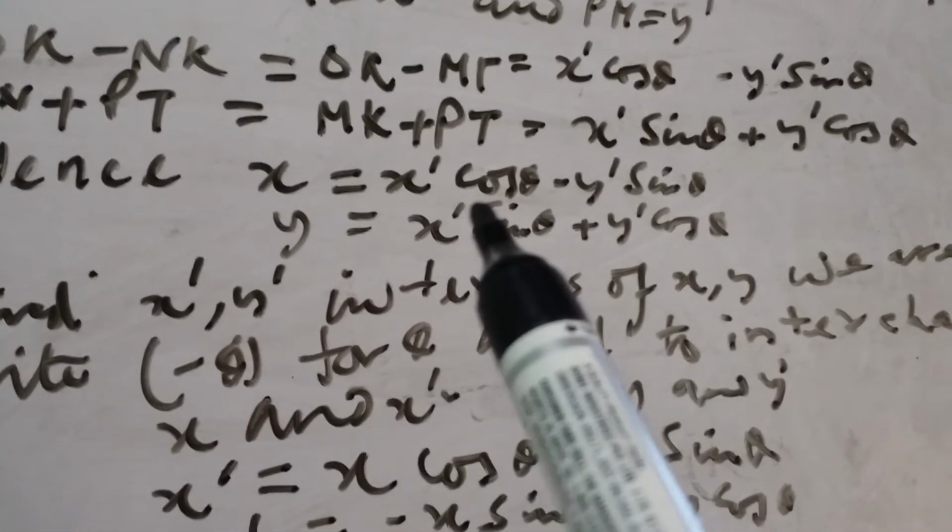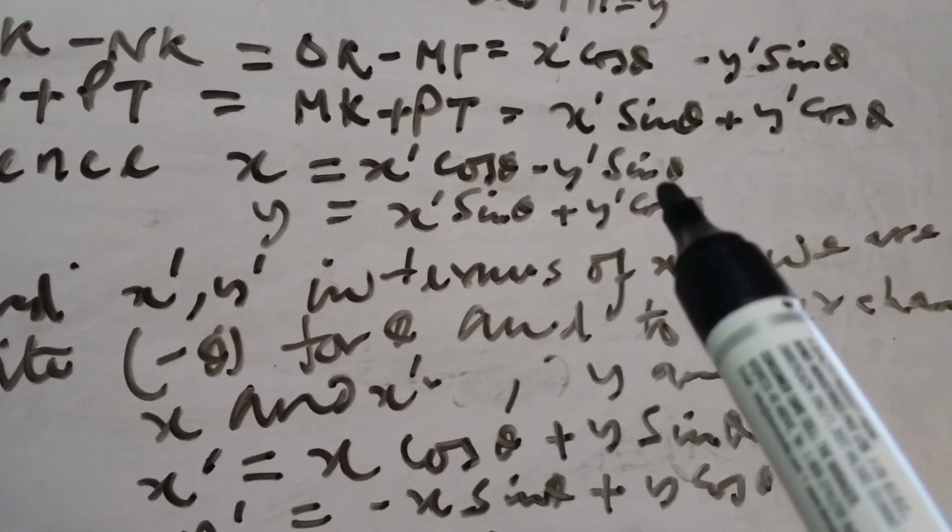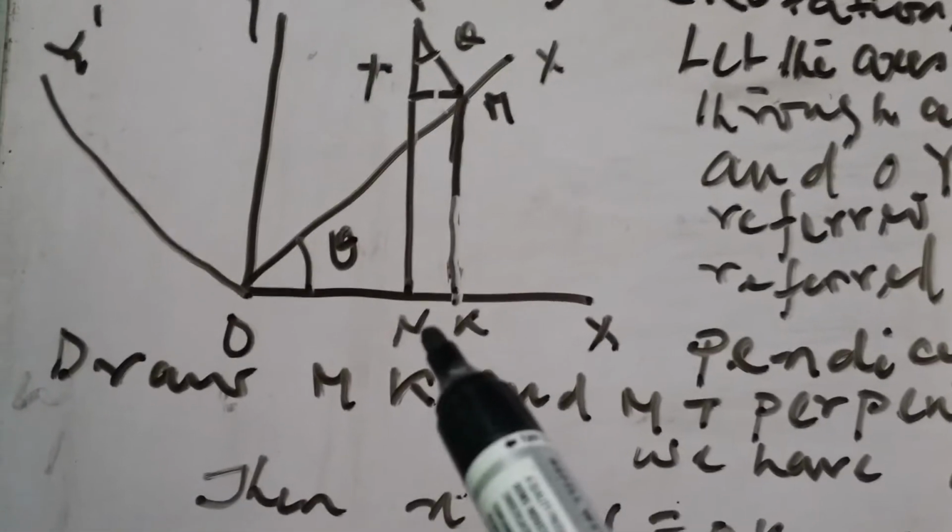TM is equal to y dash sin theta. So x is equal to x dash cos theta minus y dash sin theta.